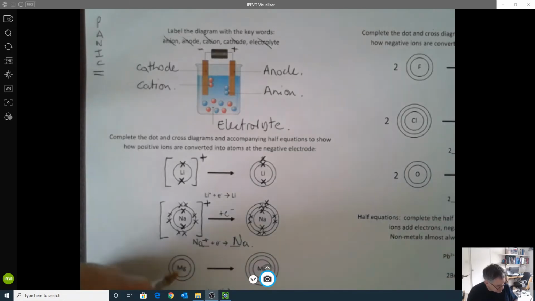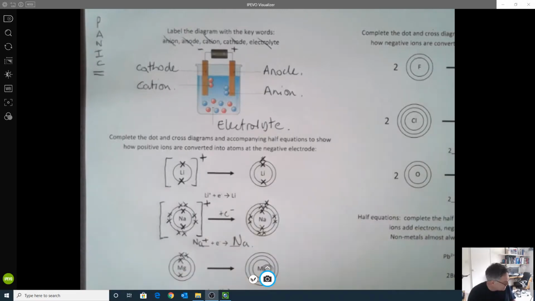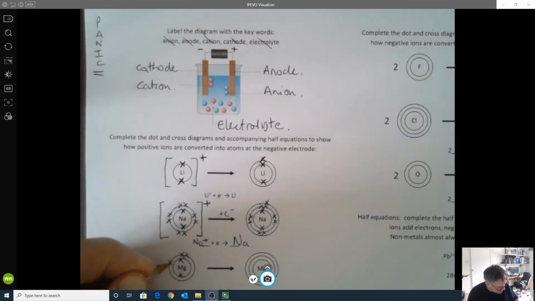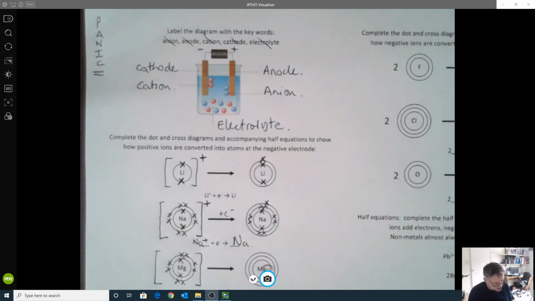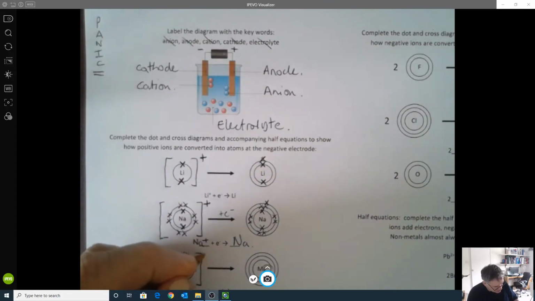Magnesium forms a 2 plus ion. I look at magnesium and it's got an atomic number of 12. So it's going to lose those 2 electrons and it's going to have 10 electrons in the ion and 8 electrons in its outer shell. So again, if you look, the electronic structure of magnesium 2 plus is the same as the electronic structure of sodium plus, but magnesium forms a 2 plus ion.